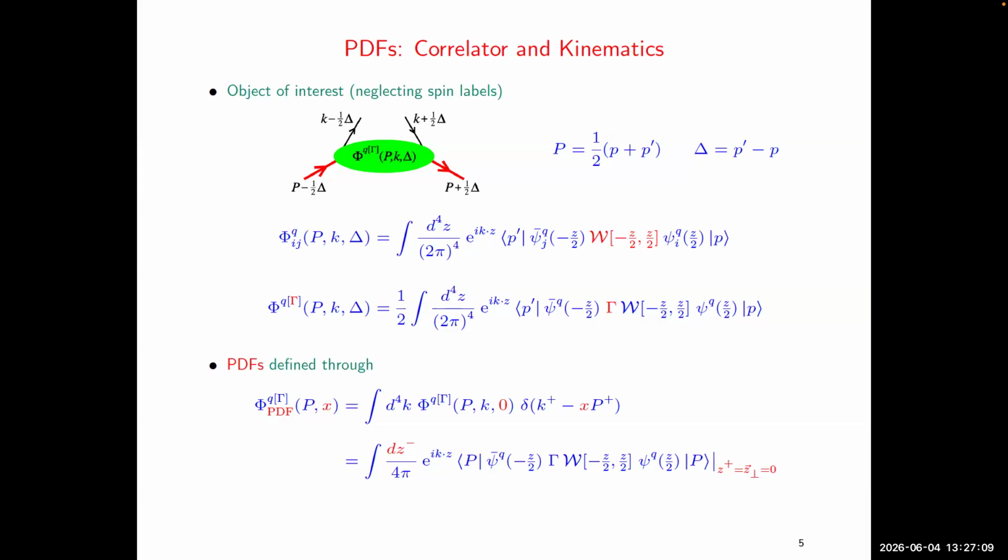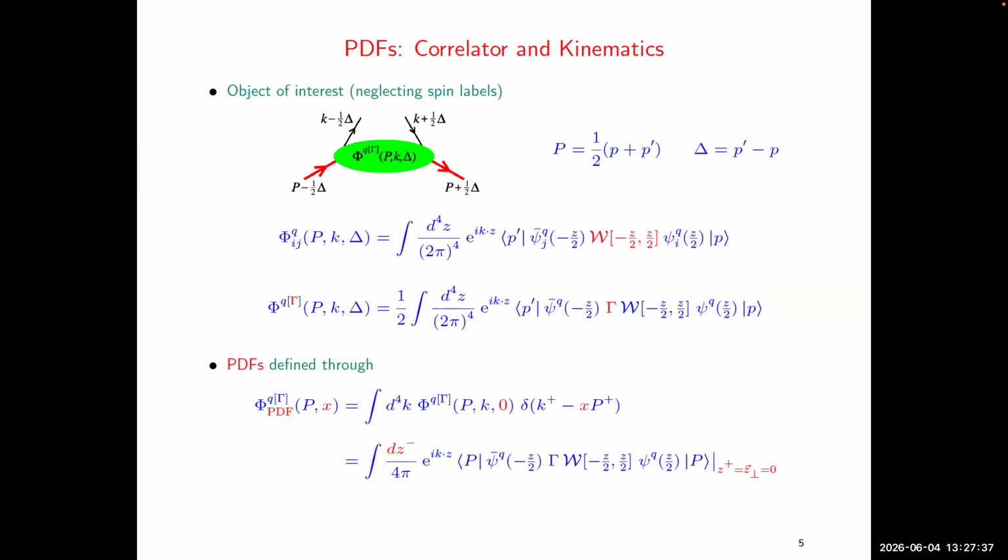Now, to define parton distributions, we cannot use the 4x4 matrix in Dirac space because a parton distribution is a number. So we take this matrix and take a trace with an a priori arbitrary gamma matrix, which I call here Gamma. This is now a number. Again, this discussion up to here applies to all four types of parton distributions that we mentioned.